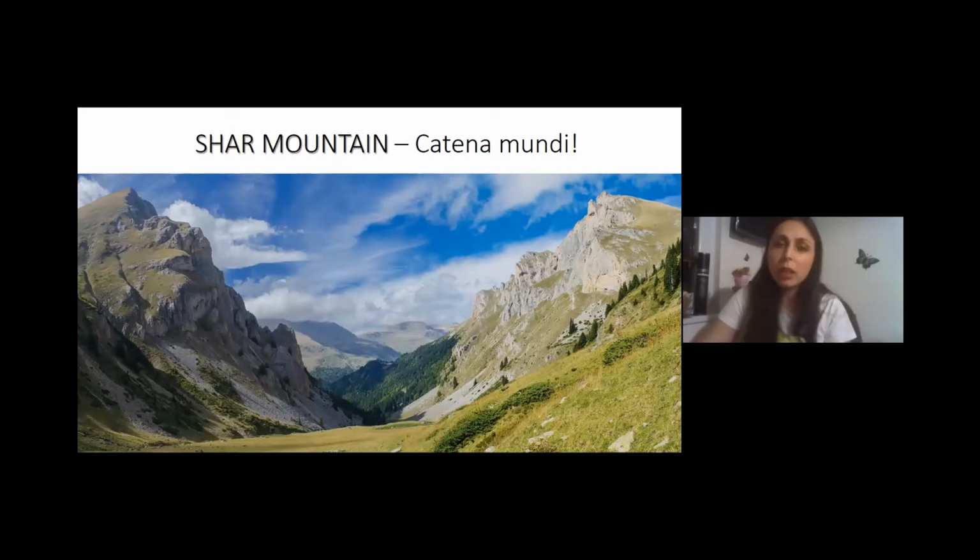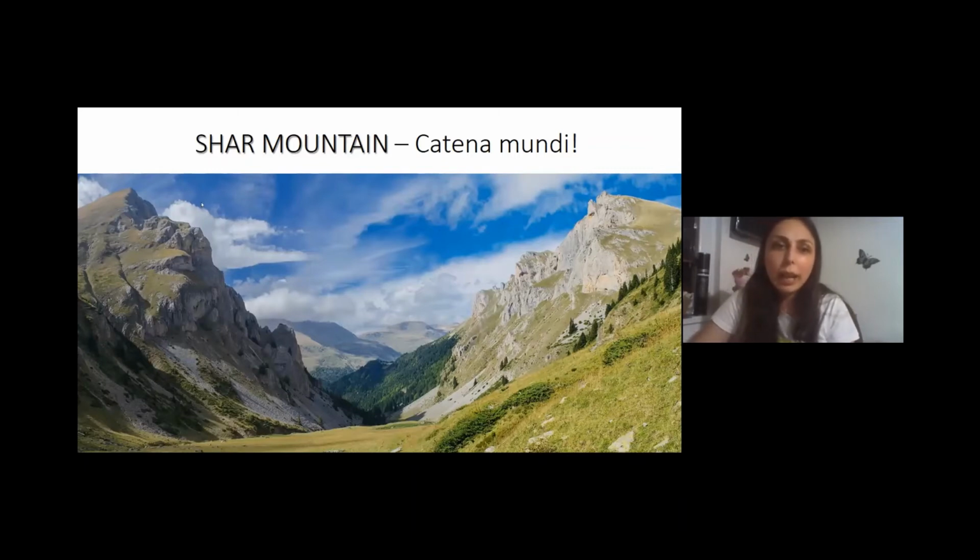It's very diverse. It has a lot of endemic and relic species, is especially rich in flora, and has a lot of peaks above 2,000 meters above sea level, which shows the real influence of the alpine climate.